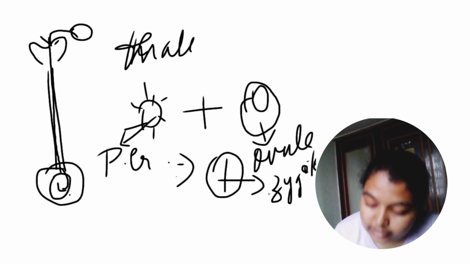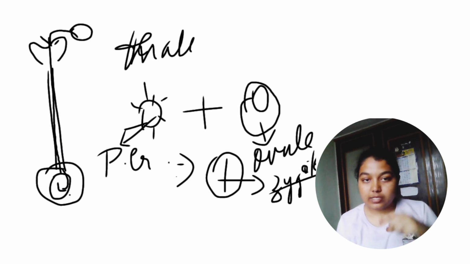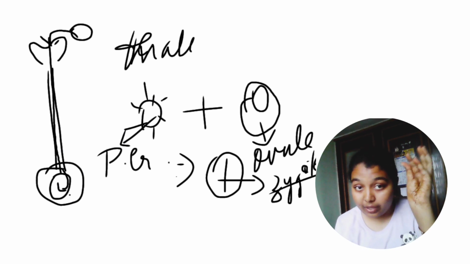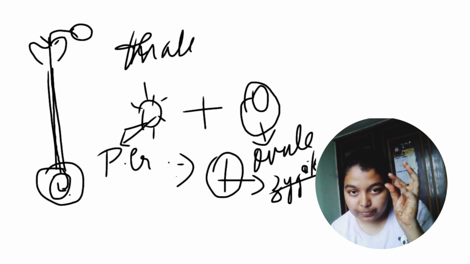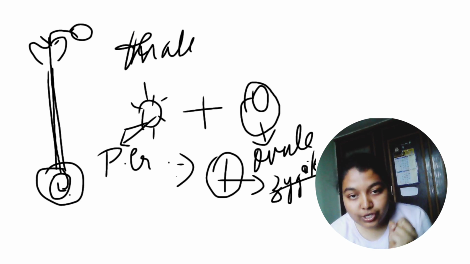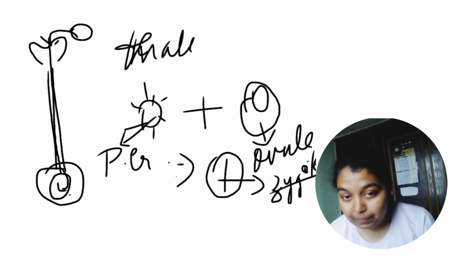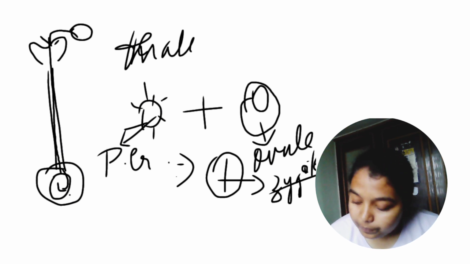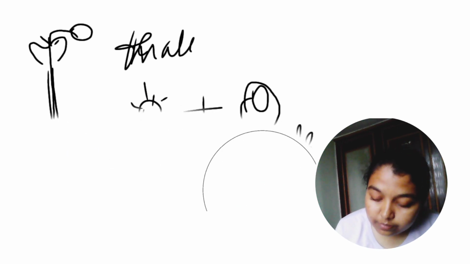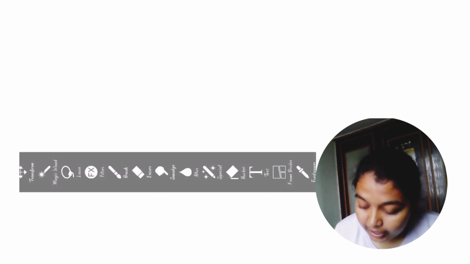So this style helps in both: it is a supporting structure between the main part and the base part, and it helps in the suction of the pollen grains from the anther and the releasing of pollen grains from the base part, that is the carpel. Okay, so coming to the next part, we are talking about petals.